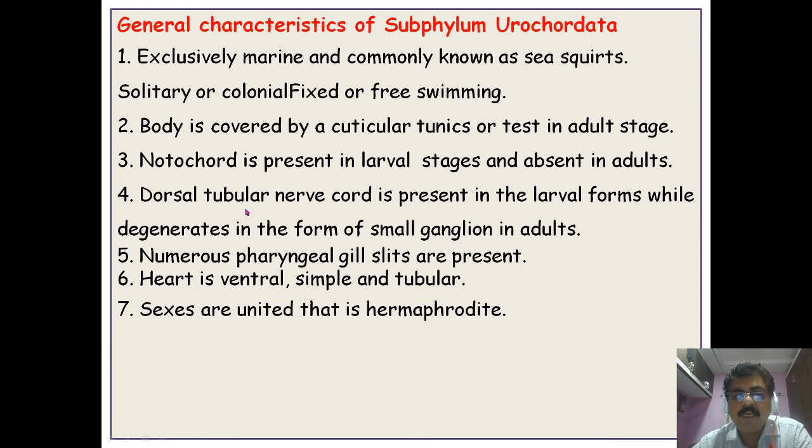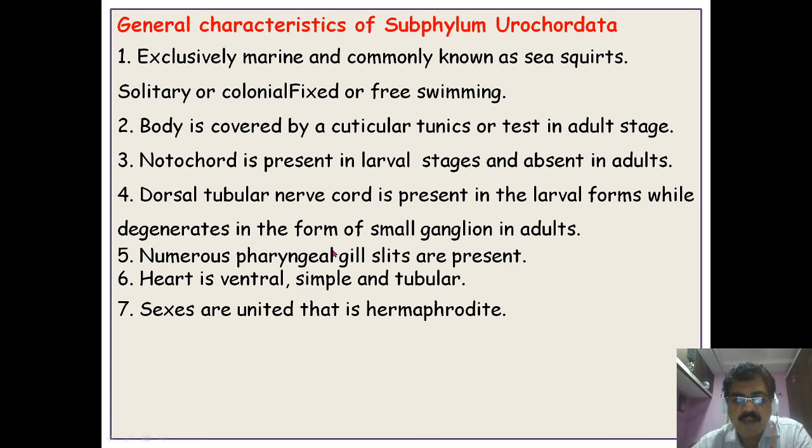The dorsal tubular nerve cord, the maximum portion of which is also present in the tail region, as the tail gets shed off, also degenerates, in the form of a small ganglion in adults.